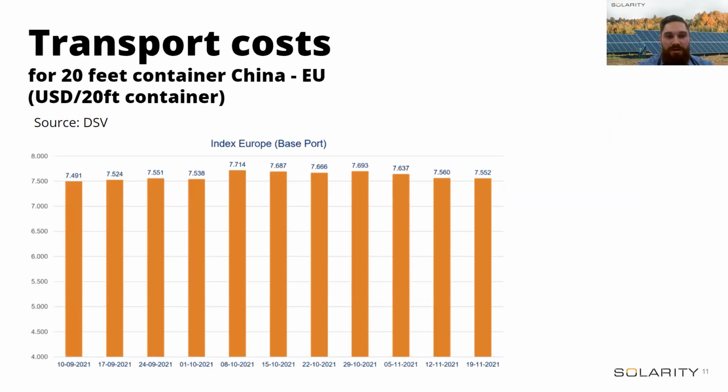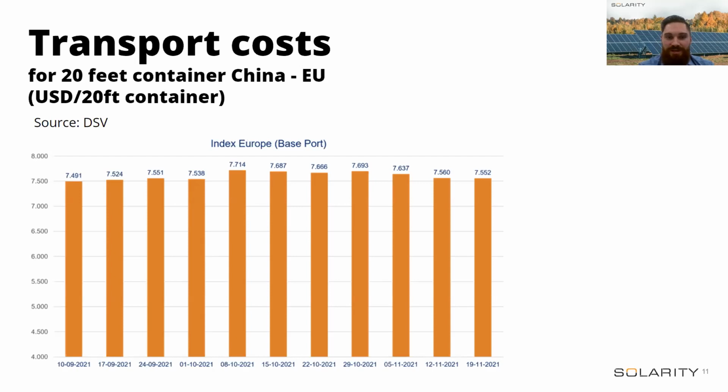Transport cost. There is a graph of average prices for 20 feet containers from China to Europe. You can see the price has stabilized right now at $7,500 per 20 feet container. For a 40 feet container, it's usually just double, so around $14,000-15,000 per container.